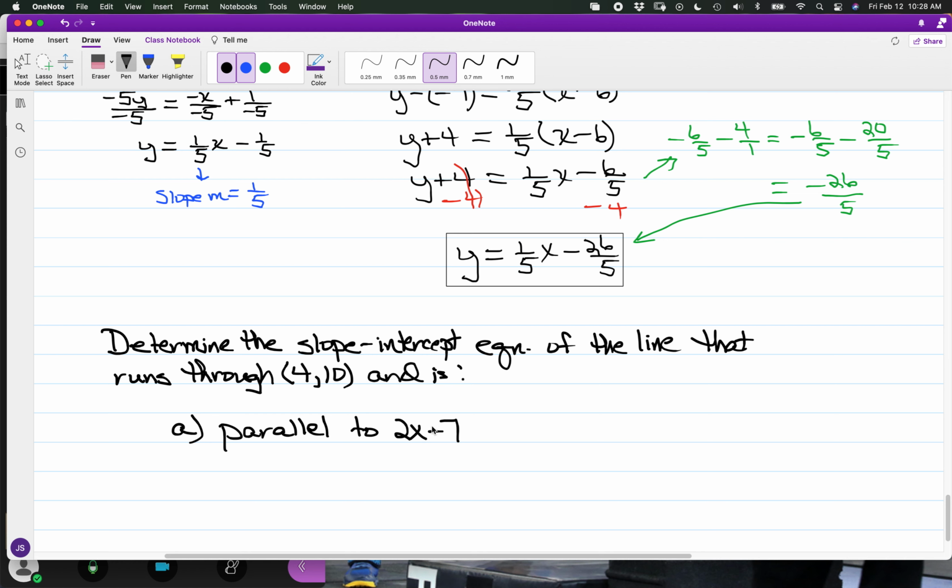And also going through the same point, let's also determine the slope-intercept equation of the line that is going to be perpendicular to 2x minus y is equal to 7.